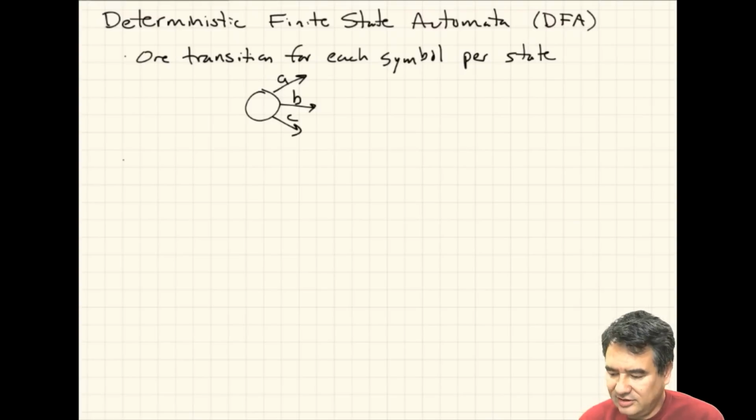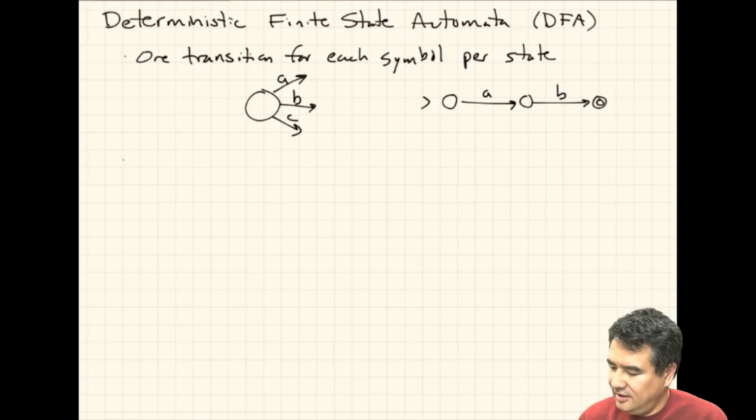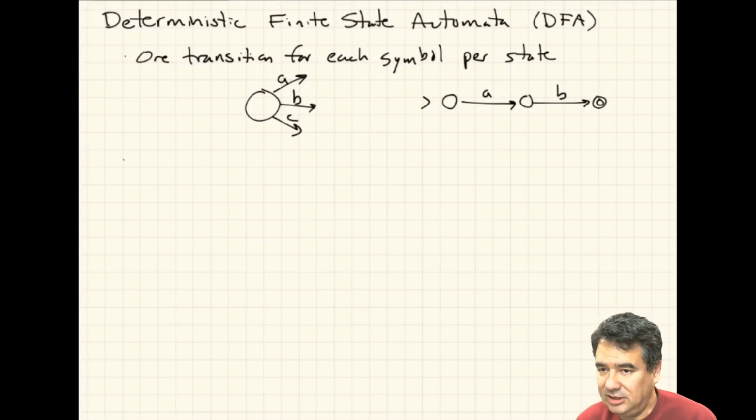So for the people that say there has to be exactly one, let's do a very simple state machine here. If you've got something like A, B, this finite state machine accepts the string AB. And what happens if you are inputting a string like BB?